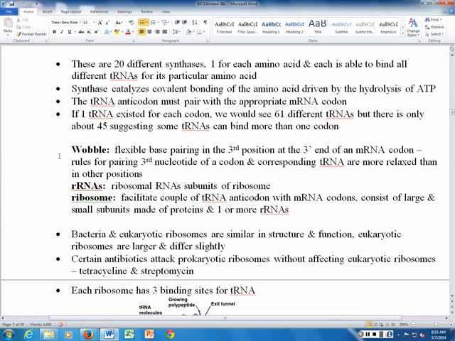So that allows it to have a little bit more flexibility in that 3rd site, so that you can use the same tRNA for multiple codons. When the synthetase catalyzes the binding of the amino acid on there, it's going to hydrolyze an ATP, and that's what's going to give it the energy to be able to do that.